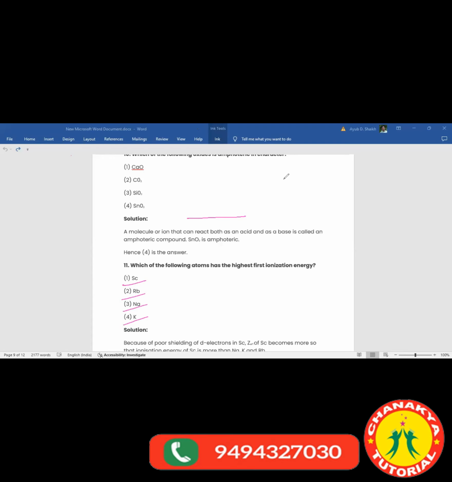Come on, tell me the atomic numbers. Potassium is 19. Sodium is 11. Scandium is 21. And rubidium, I don't know, ma'am.